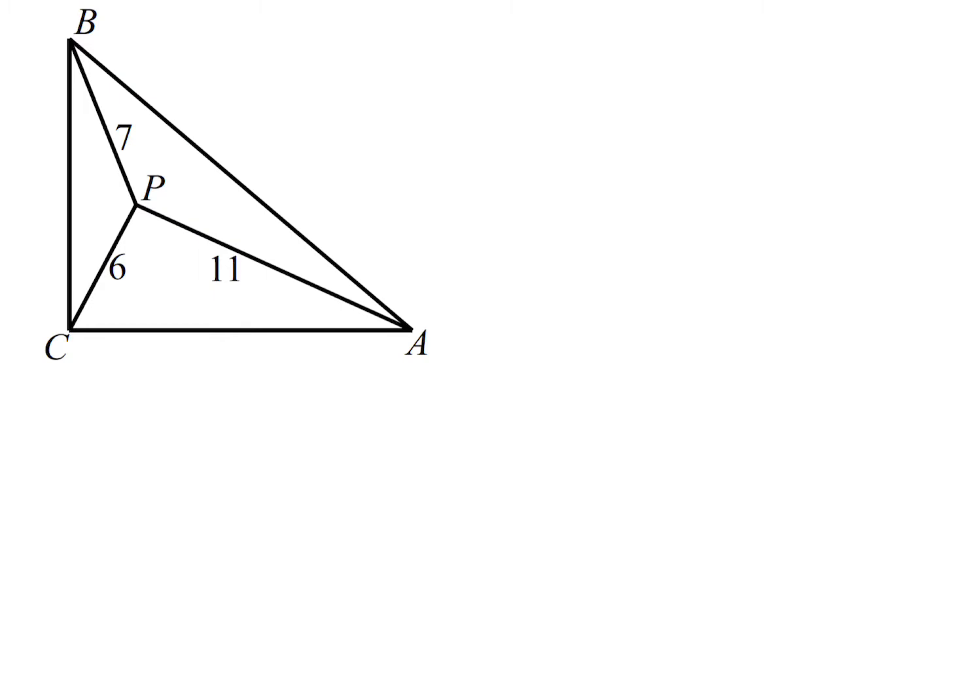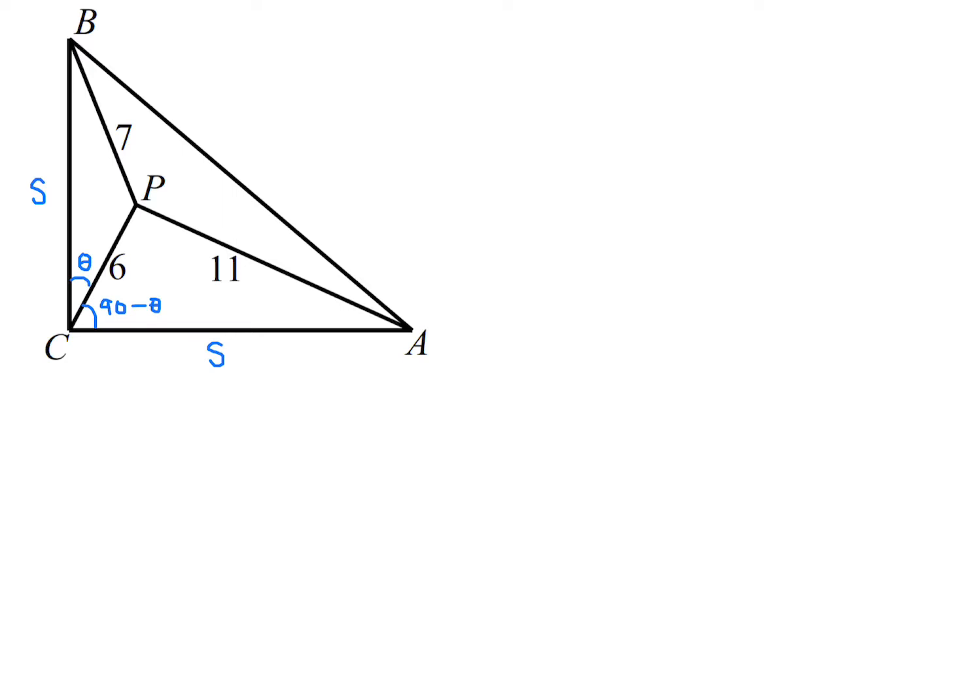So let's label as much as we can. A lot of this they've already labeled for us, but BC, they tell us, is s, and CA is also s. It's an isosceles triangle. And they also tell you that it's a right angle right there. So I'm going to call this angle in here theta, and this angle will therefore be 90 minus theta.